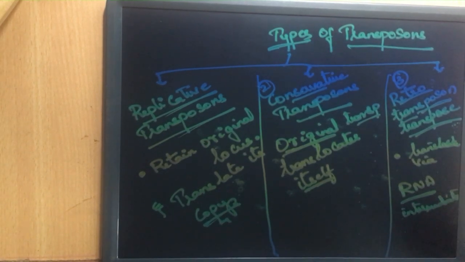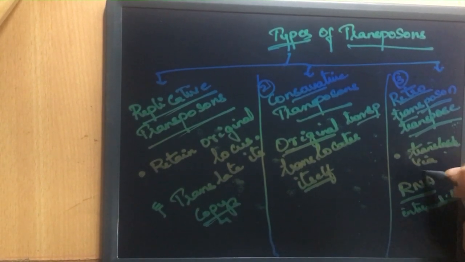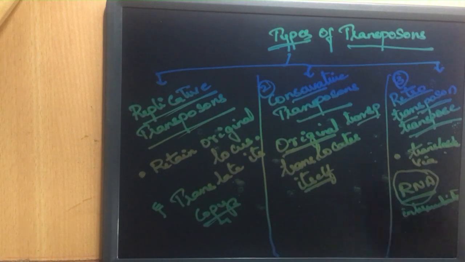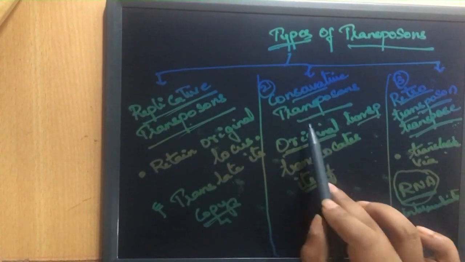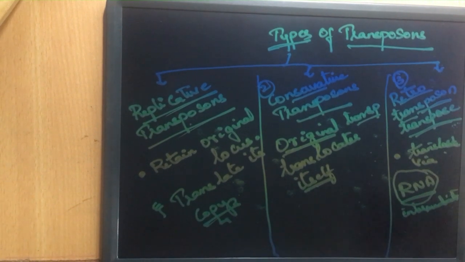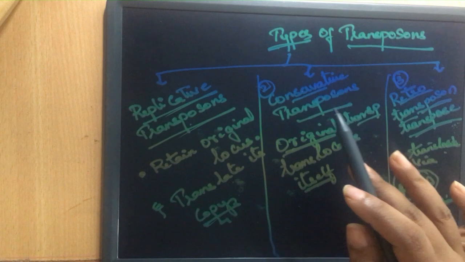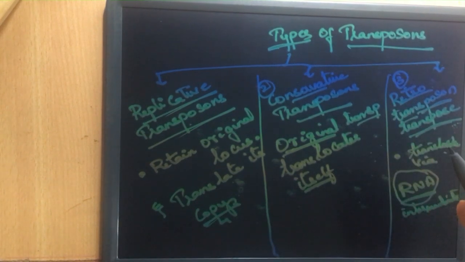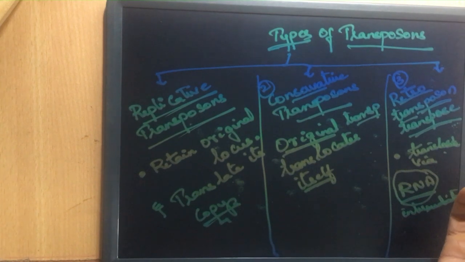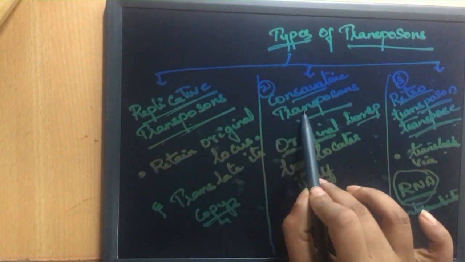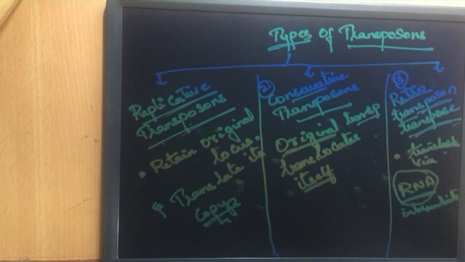They don't directly participate, but they are translocated through RNA intermediates. So there are three types of transposons. So what are transposons? They are jumping genes. When inserted in the DNA, they bring about loss of function of the entire gene. They have the ability to self-relocate and self-multiply. And these are the three types of transposons.